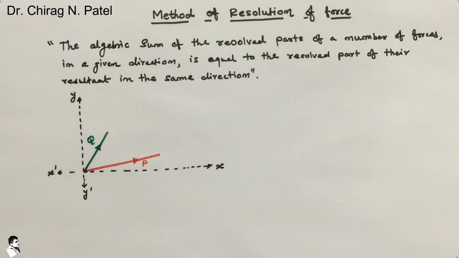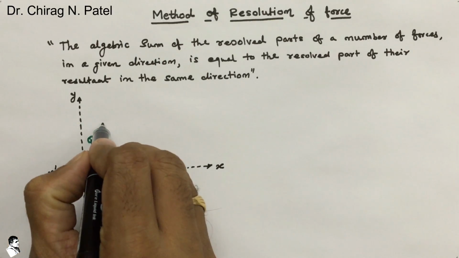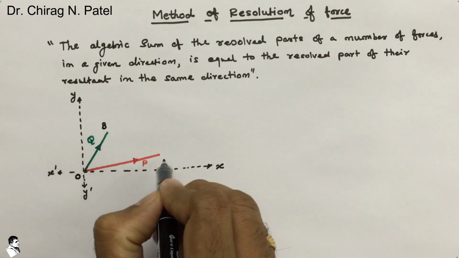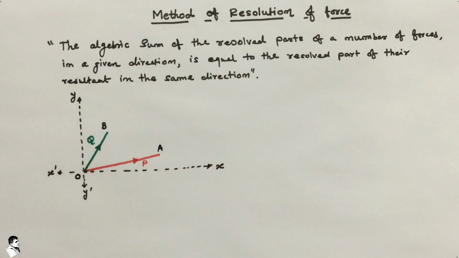Now that is generally represented in terms of magnitude and direction, and that is considered with two adjacent sides, OA and OB. So we take a point O here, B point here and A point.